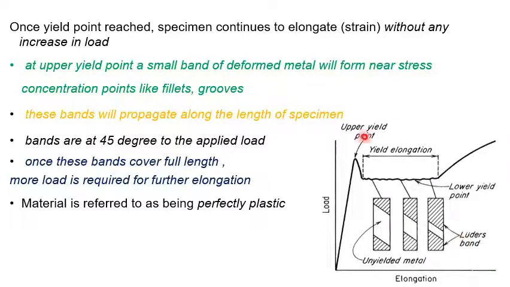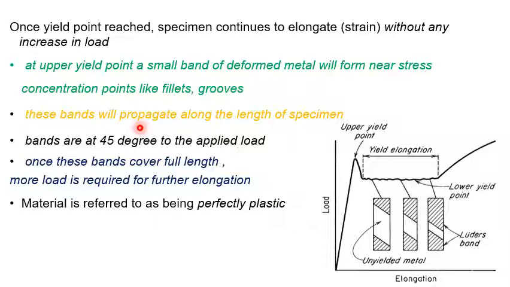At the upper yield point you can see small bands, because deformed metal forms near the stress concentration points. If there are any holes or sharp edges, they appear there, and these bands propagate along the length of the specimen.